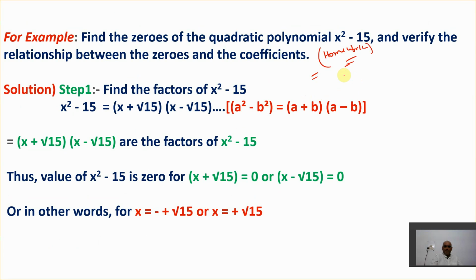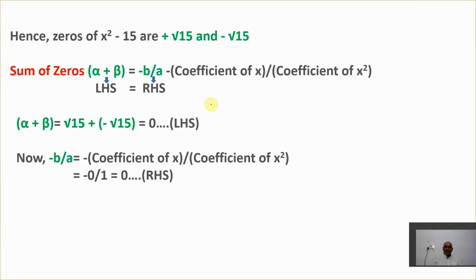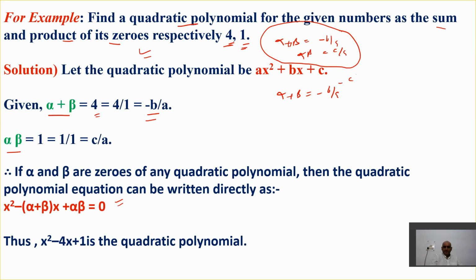The coefficient of x square, that's the point. Same here. Then alpha into beta is c by a, right?